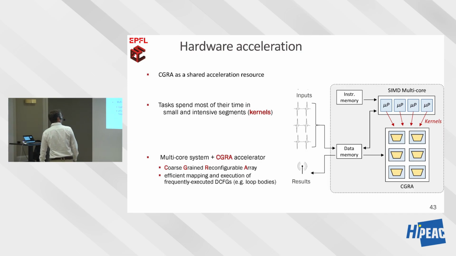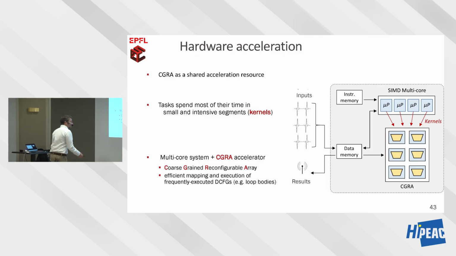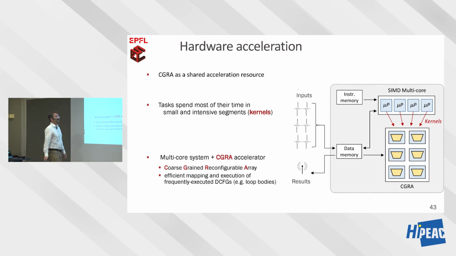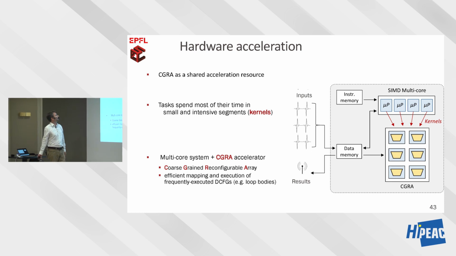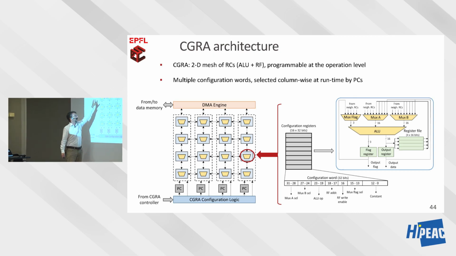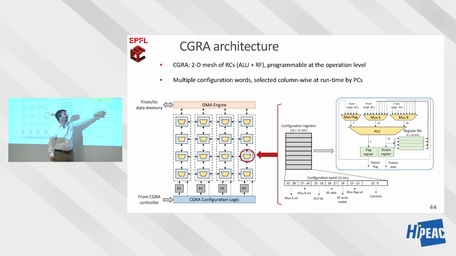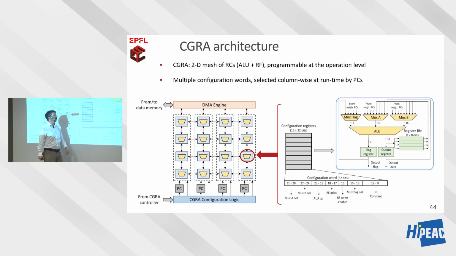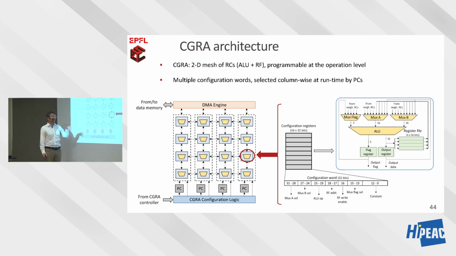What we wanted to do was to interface a CGRA with a SIMD multi-core processor. This is the structure. So we have our ALUs. Each of the ALUs has a small register file, and they can take operands from the neighbors or from memory, and each of these ALUs can do some arithmetic operations.